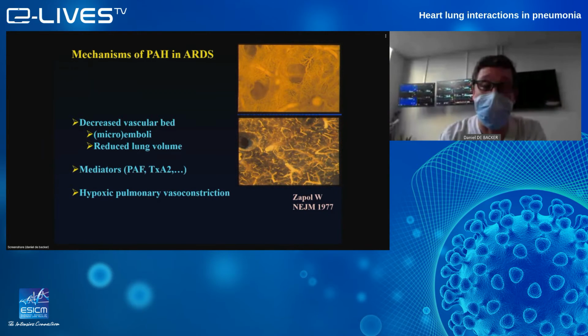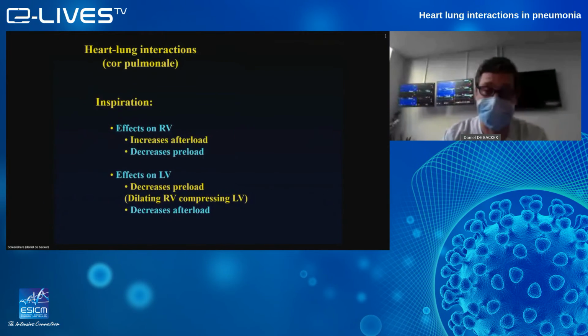There is also reduced lung volume, and this is a little bit more debatable, of course, at least in the early phases of COVID-19. For the mediators, there are a lot of mediators that are released that are increasing the pulmonary artery pressure and may, of course, play a role there. And the very important factor at the end is the hypoxic pulmonary vasoconstriction, which also plays a role in this pulmonary hypertension.